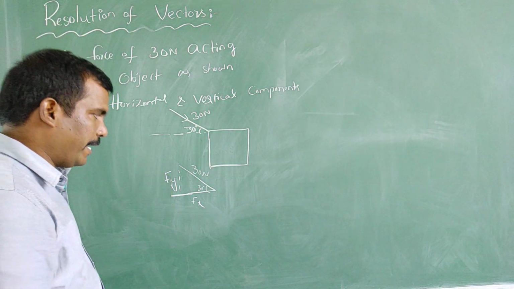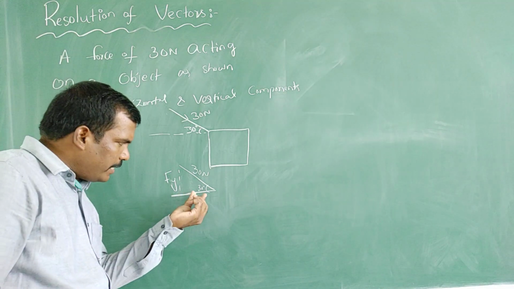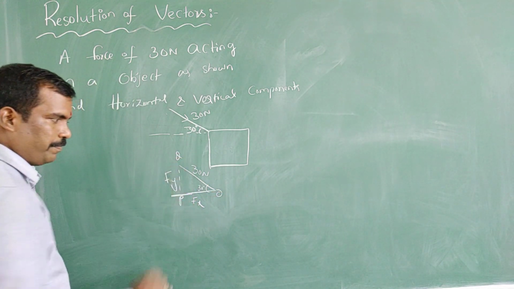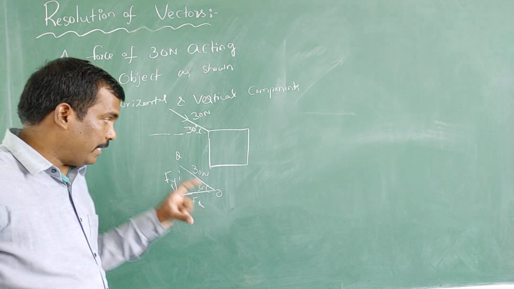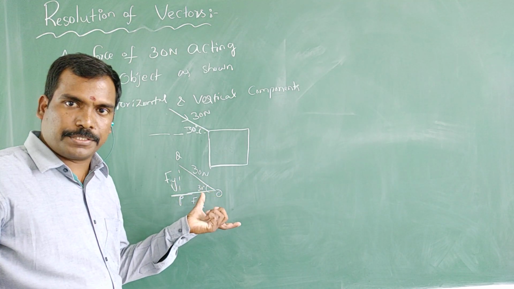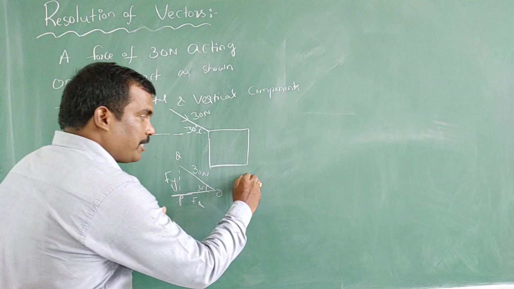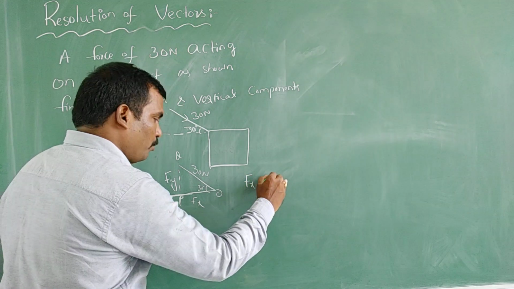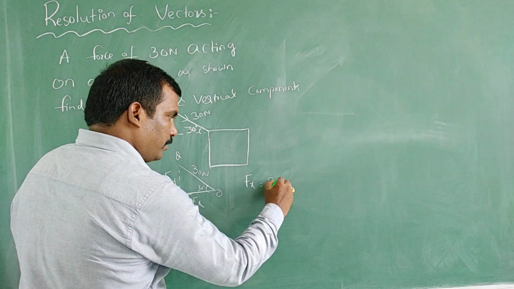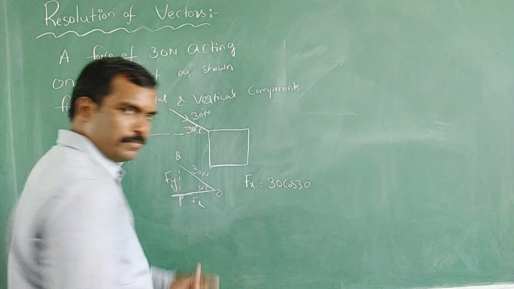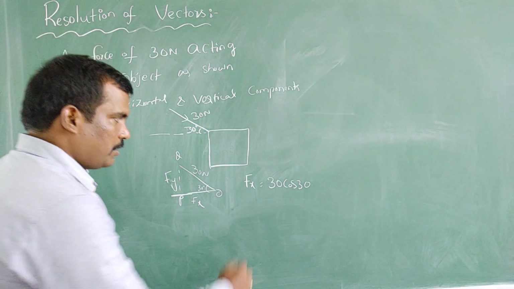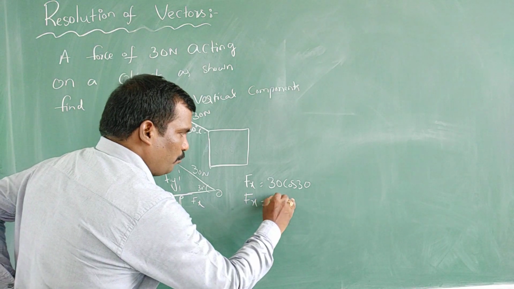Now from the diagram, the adjacent side is this side down. If you label O, P, Q, OP is the adjacent side, PQ is the opposite side, and QO is the hypotenuse. From here, Fx is equal to 30 cos 30.